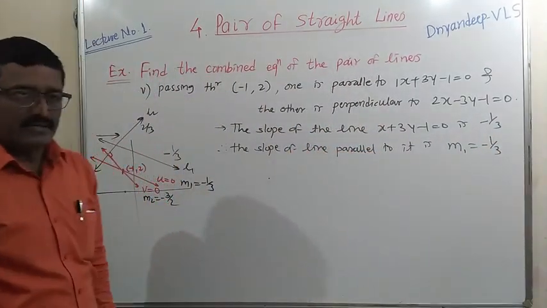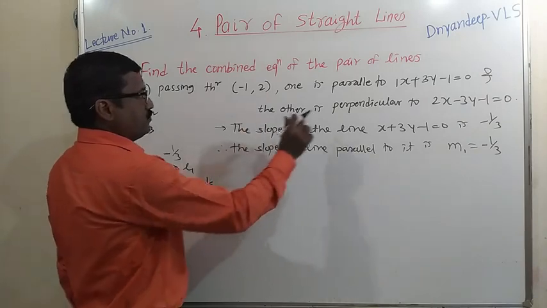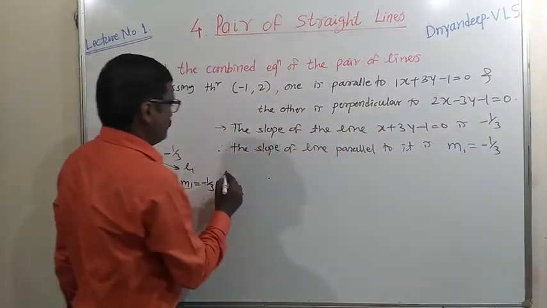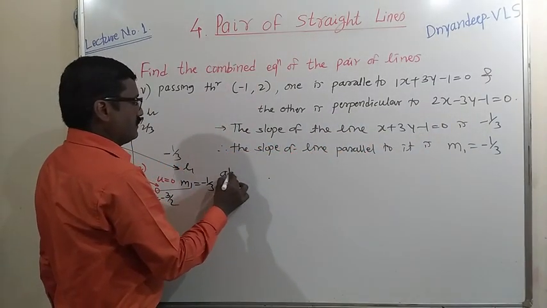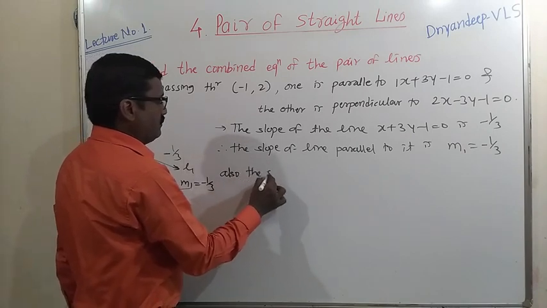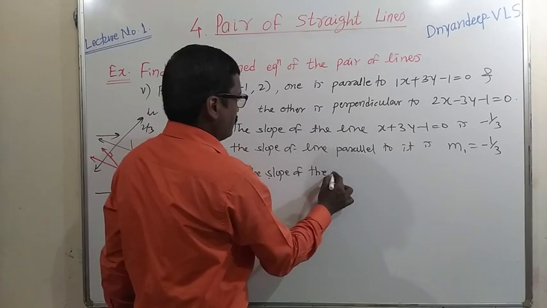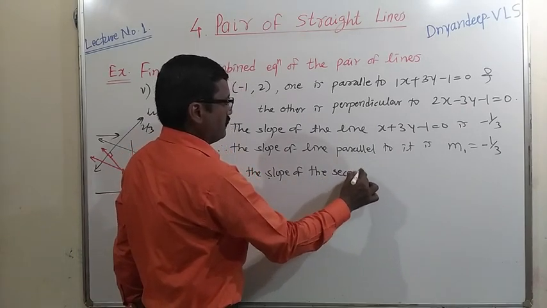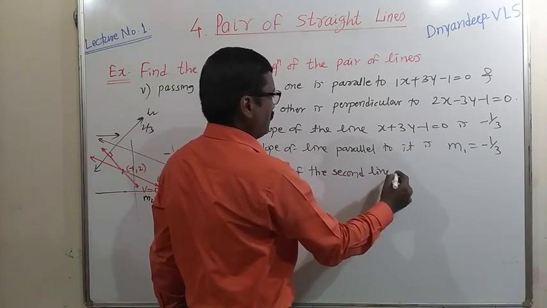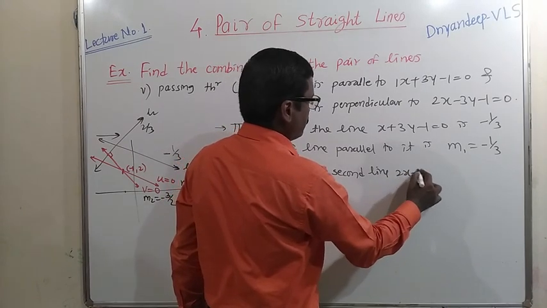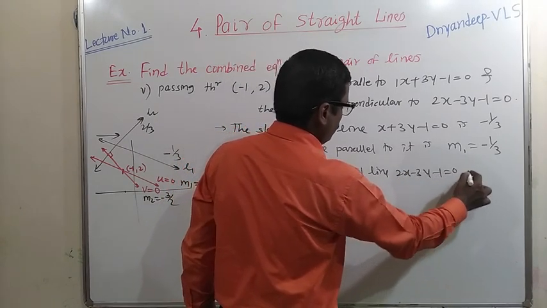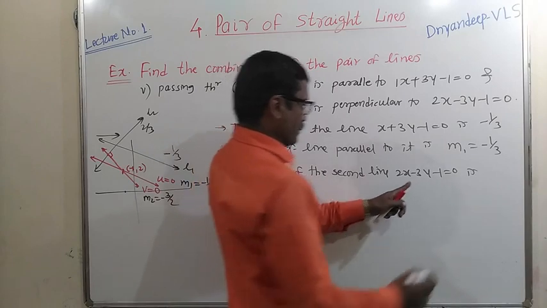Okay, that is the first important thing. Now the slope of the second line x minus 3y minus 1 equal to 0 is 2/3.